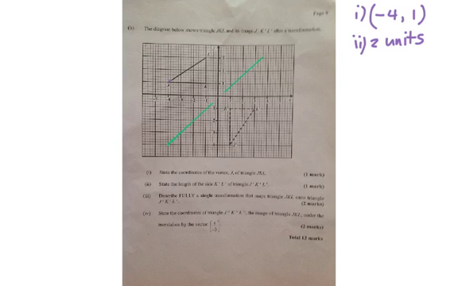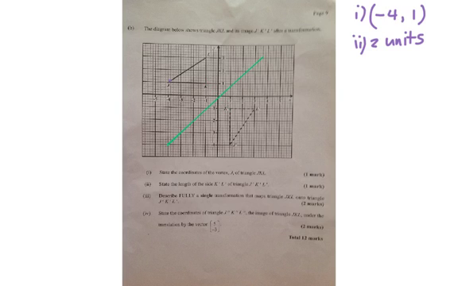So for example, K to this point is the same as K prime to that point, and vice versa. Right, so it looks like it is a reflection in the line y is equal to x.